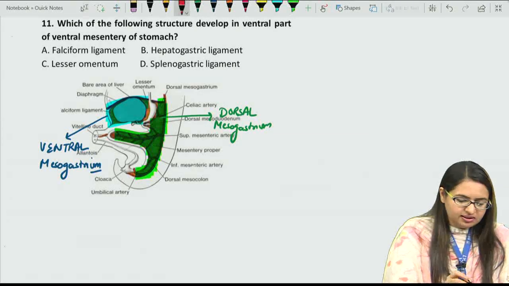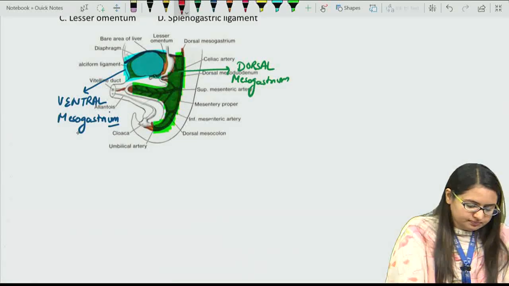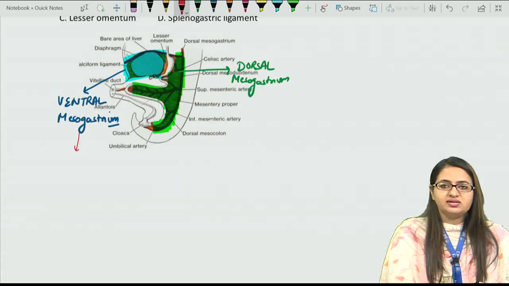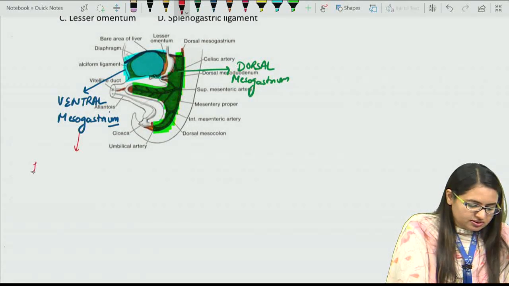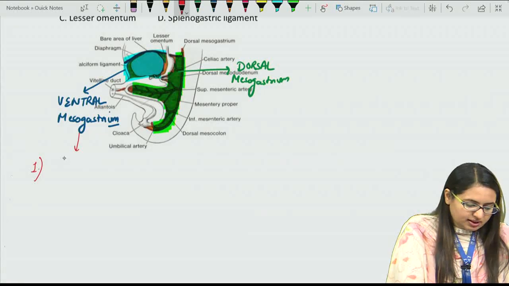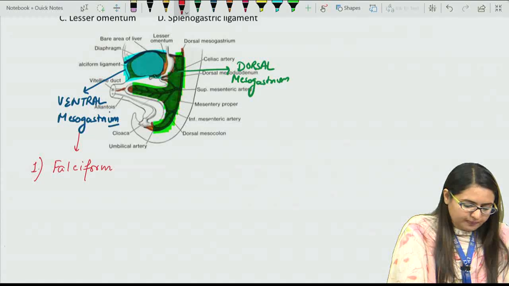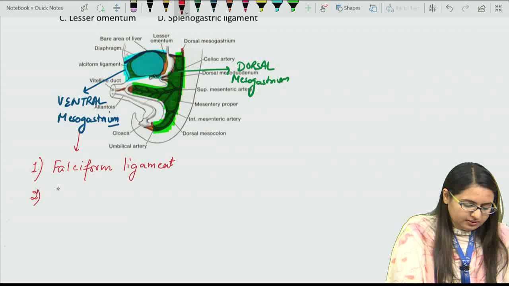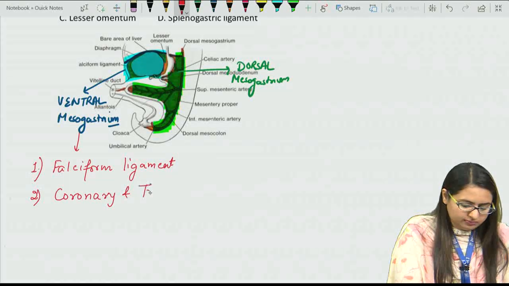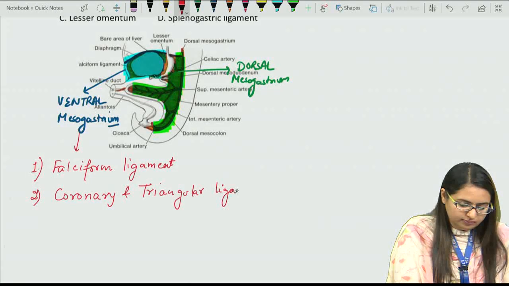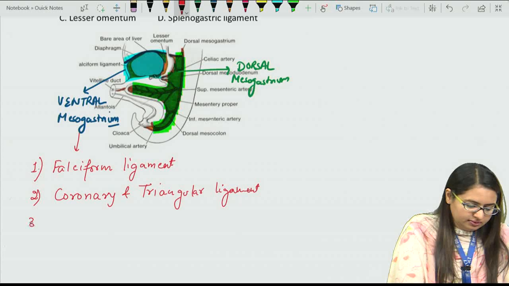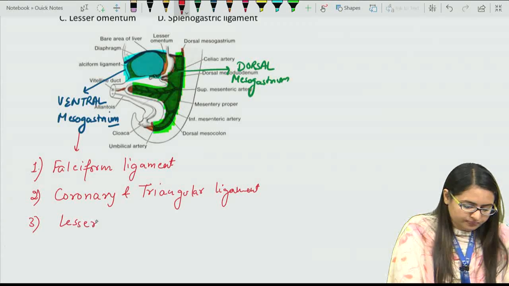In this, if we see the adult structures which are formed, now in the ventral mesogastrium, as the liver is developing, the ligaments which are derived from this are, first of all, it gives rise to falciform ligament, the coronary and triangular ligament, and the lesser omentum.